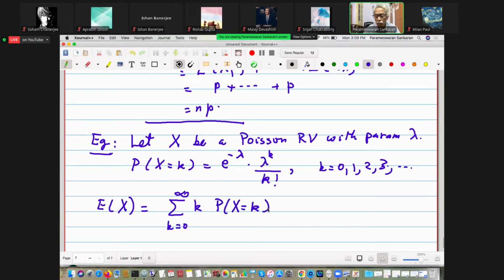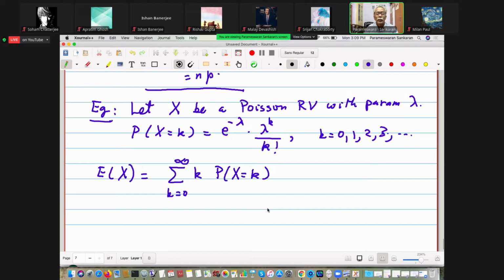Always write the formula as the first step, because this way the formula is reinforced, and not just the formula, the distribution, everything is reinforced. So it is the sum over k equals 0 to infinity of k e power minus lambda, times lambda power k by k factorial.